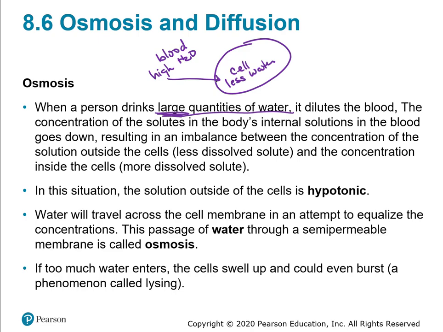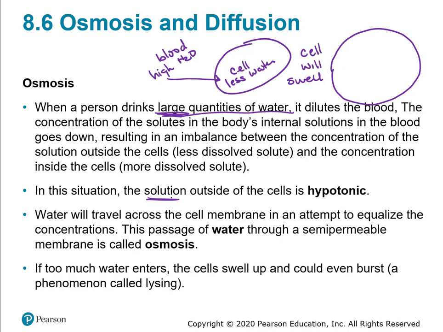So in theory, what will begin to happen to that cell? It's going to start to swell. When they talk about the solution, they're actually referring to what happens to the blood. They say the blood becomes hypotonic.